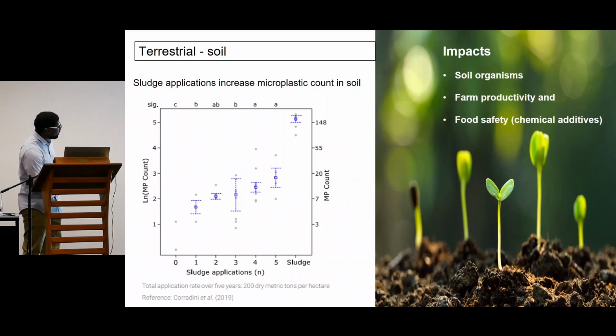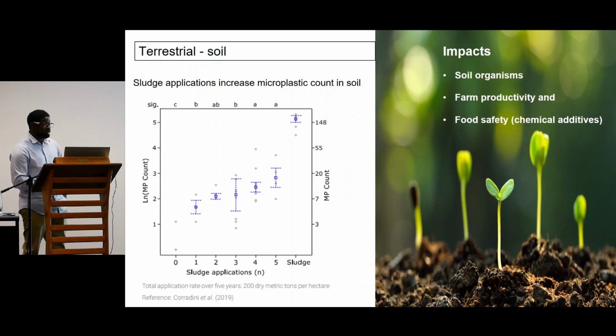This study is one example, and they looked into the concentration of microplastics in agricultural soils that have received long periods of biosolids application. And they realized that the more the biosolids are applied to the soil, the higher the plastic concentration there. So you can see a very positive correlation between the two.